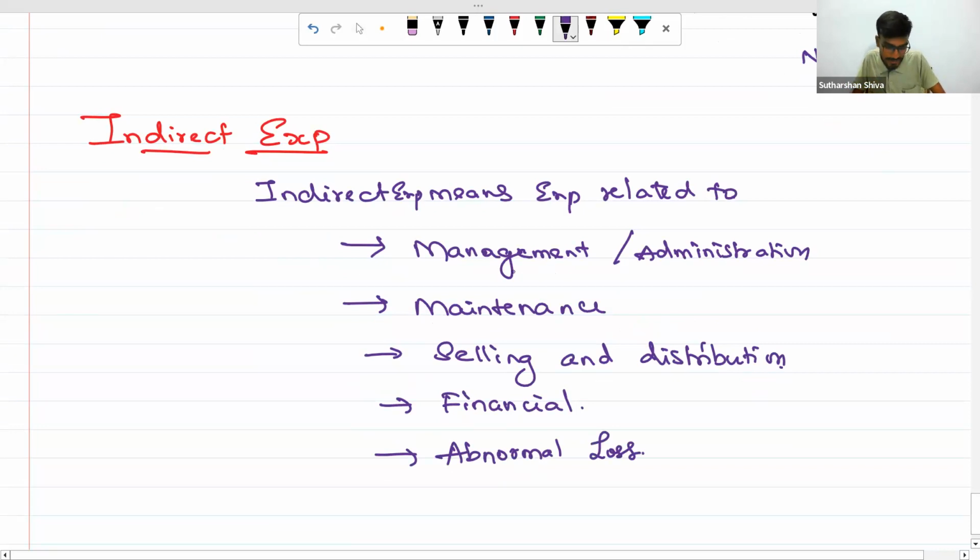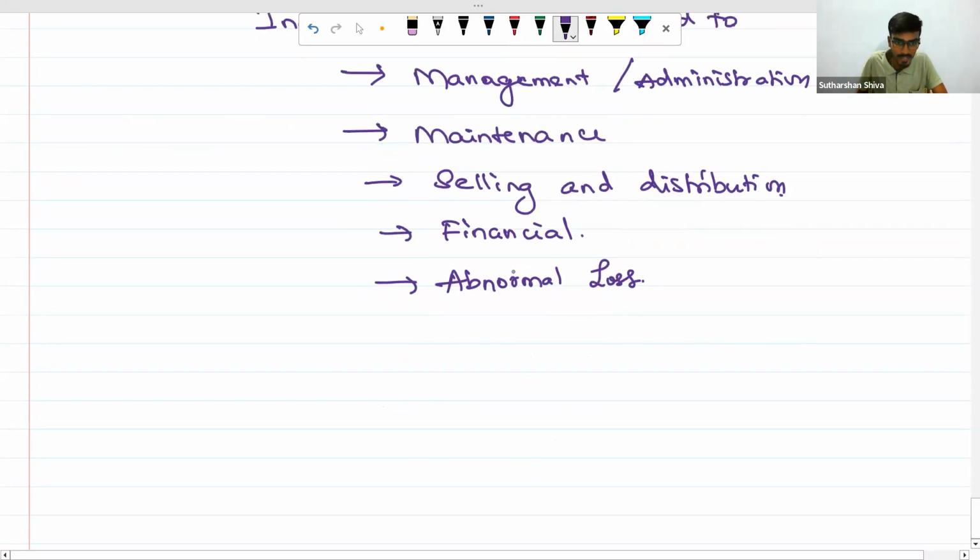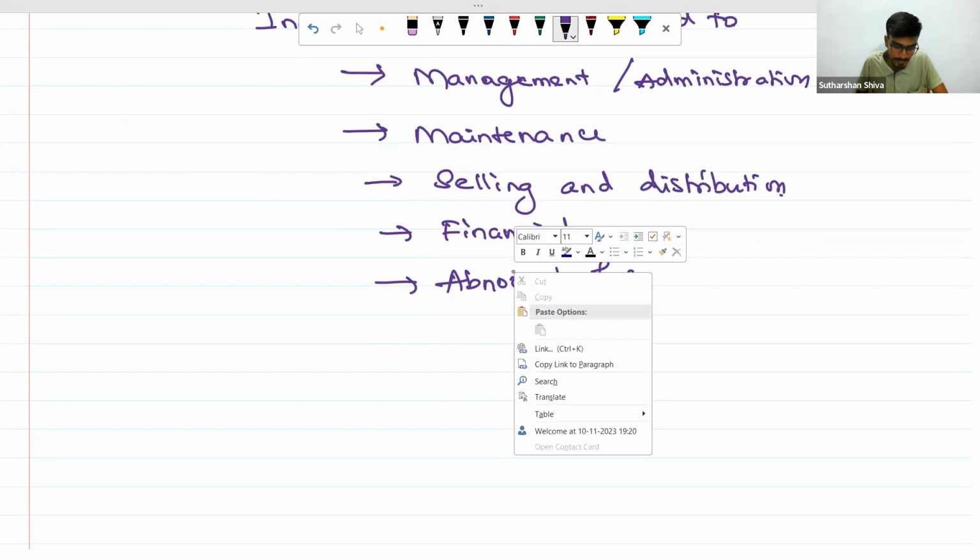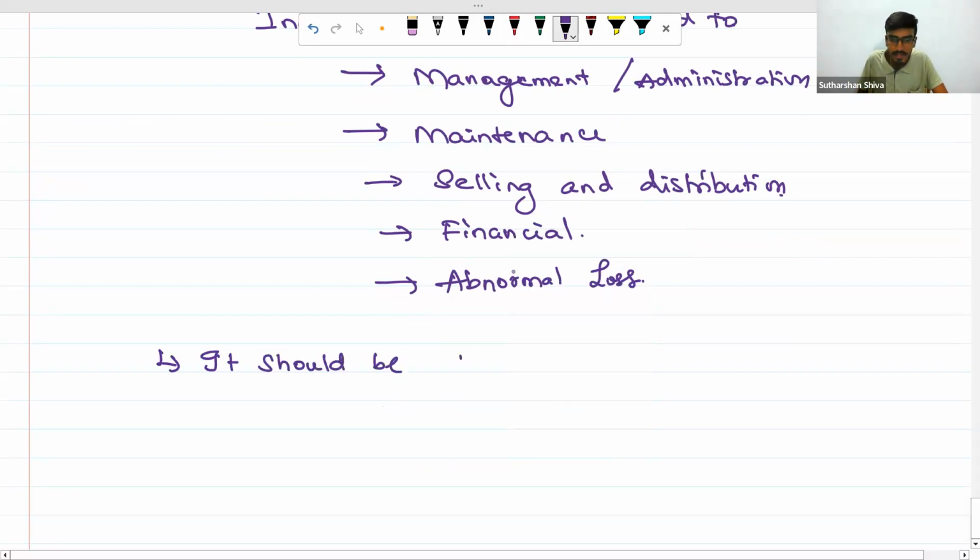Here we will apply one more point. Kindly note down the point. First thing, it should be current year's expense.